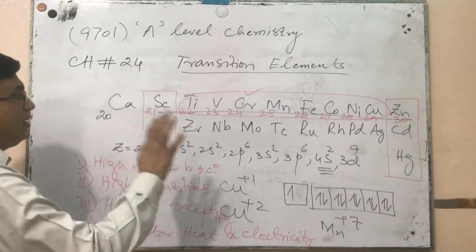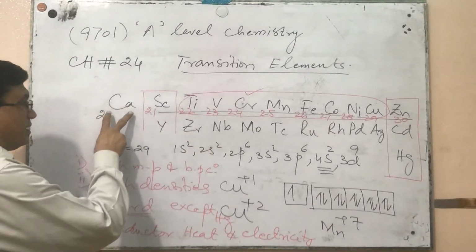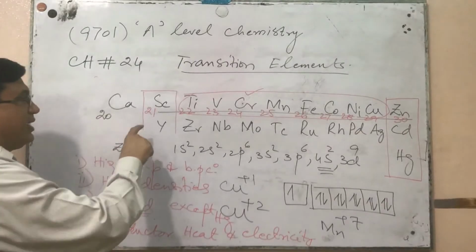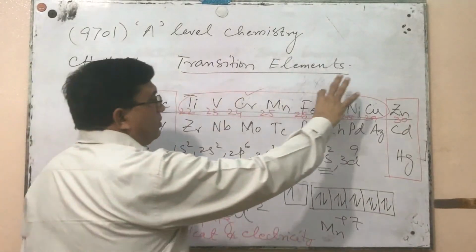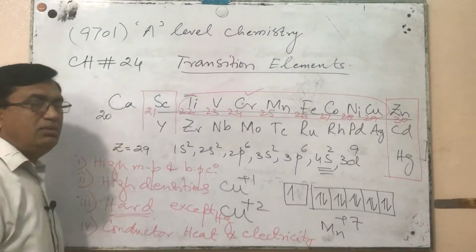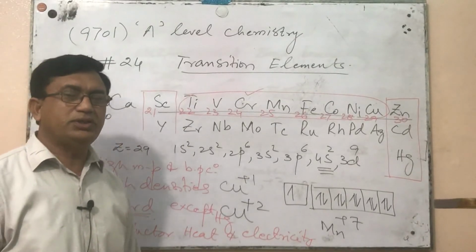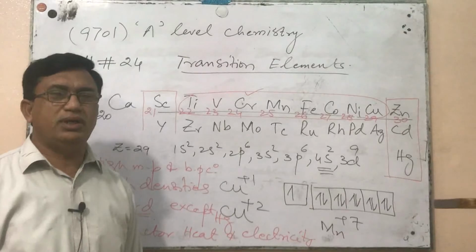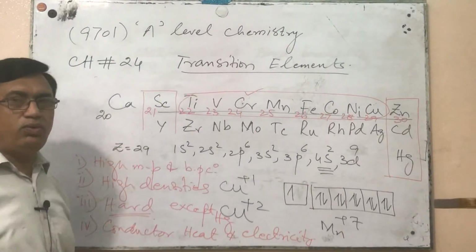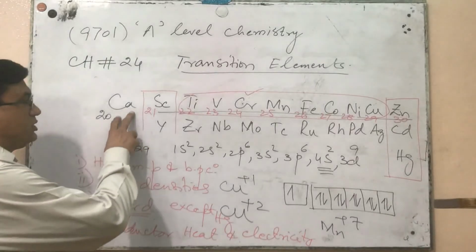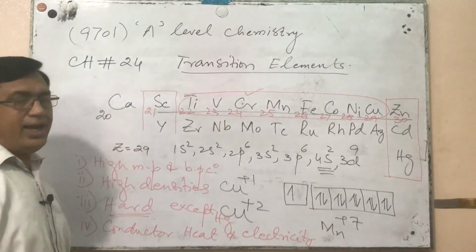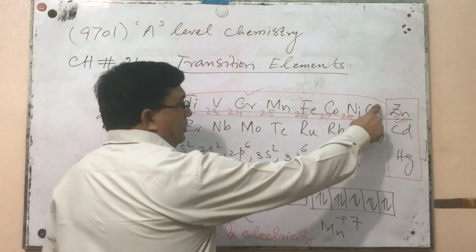Similarly, for conductance, calcium is a better conductor in comparison with these transition metals, because in the case of calcium, due to the larger size, the force of attraction of the nucleus on the outermost shell electron is less. That's why those electrons can easily move from one point to another, and that's why calcium becomes a good conductor as compared to all these, with one exception of copper.